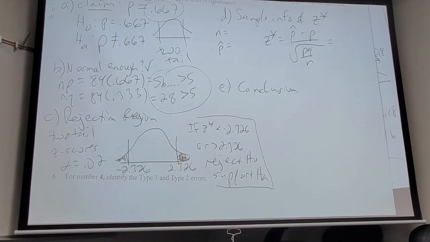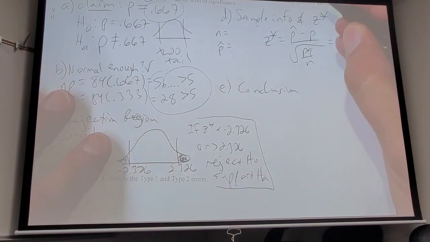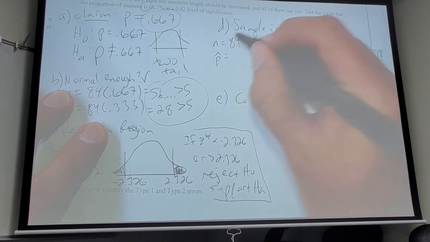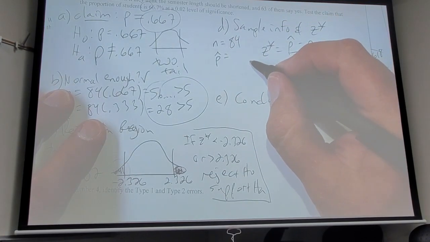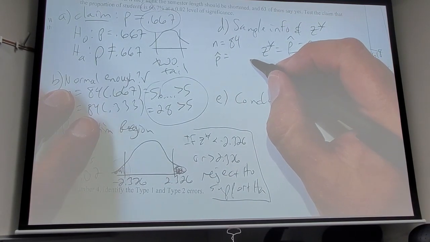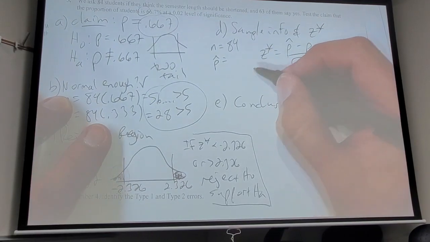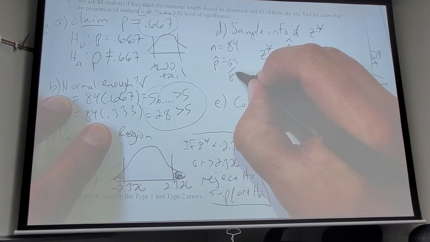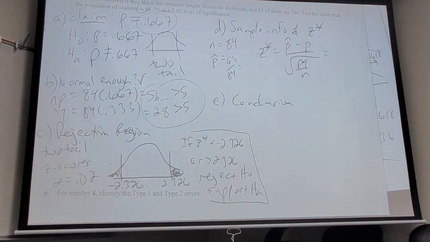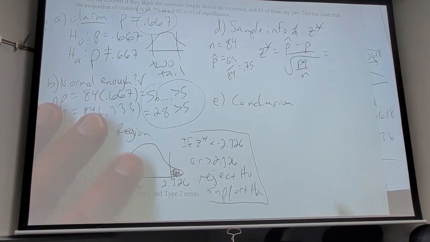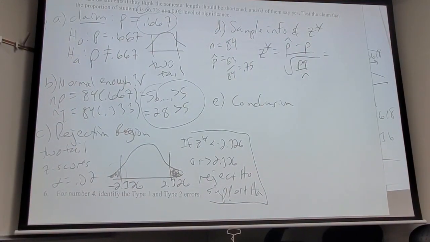So step D, what is N? 84. How do I get p hat? Out of those 84, how many did we find? 63. 63 out of 84. What is 63 divided by 84? 0.75. Neato. 0.75 exactly?